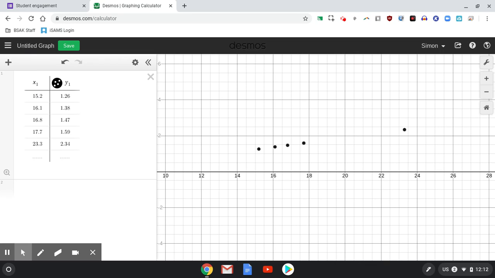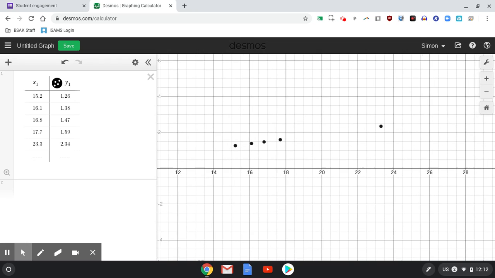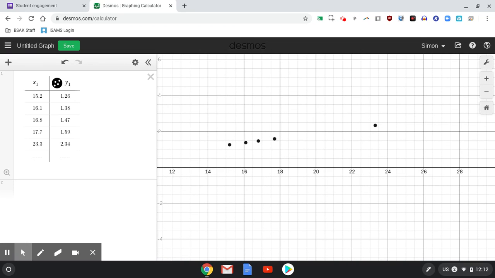So what do we do? We change the scales. We go to settings up here.